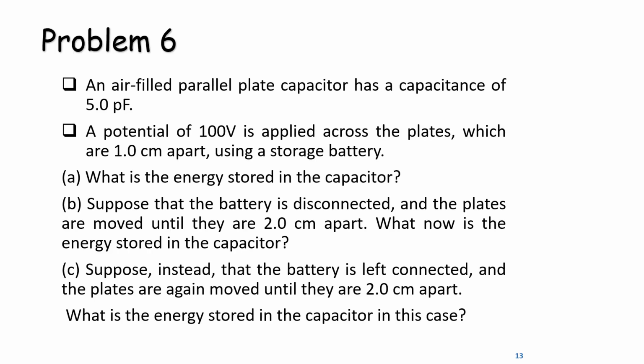Okay, so for this problem, we are given the following. C is equal to 5 times 10 to the minus 12 farad. This is 5 picofarad, which is equivalent to 5 times 10 to the minus 12 farad. The potential difference is equal to 100 volts.